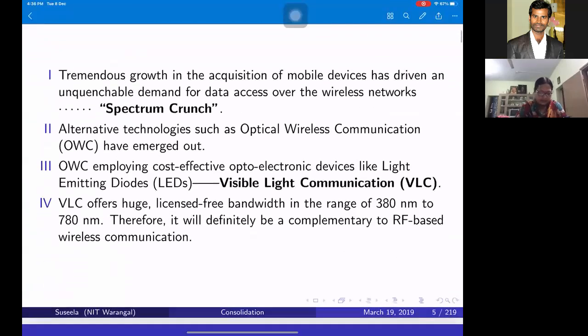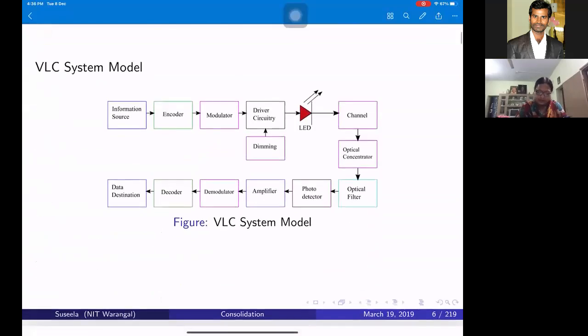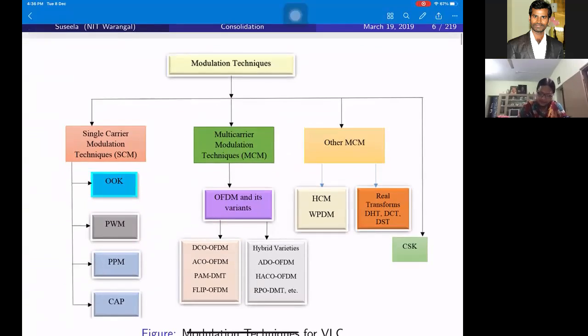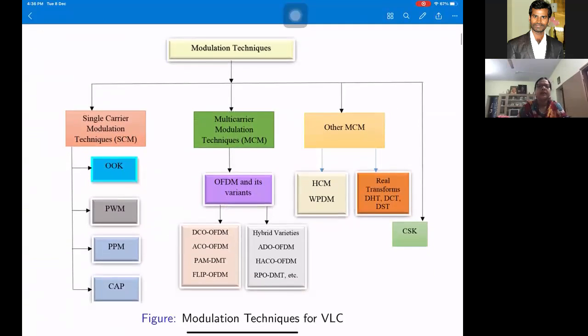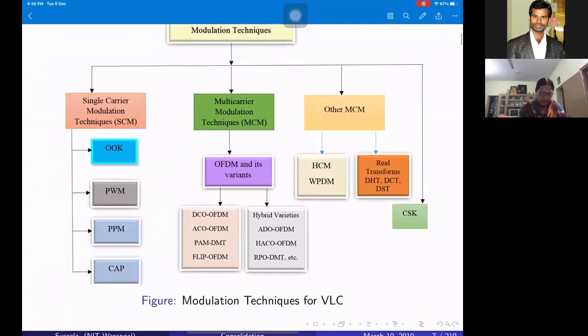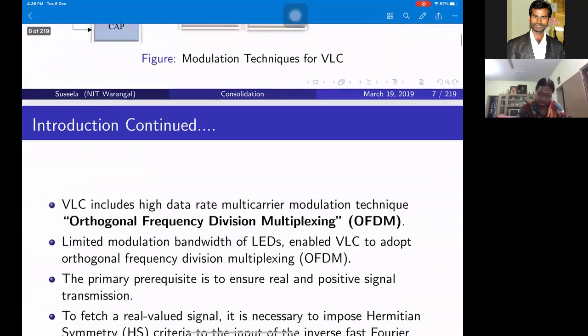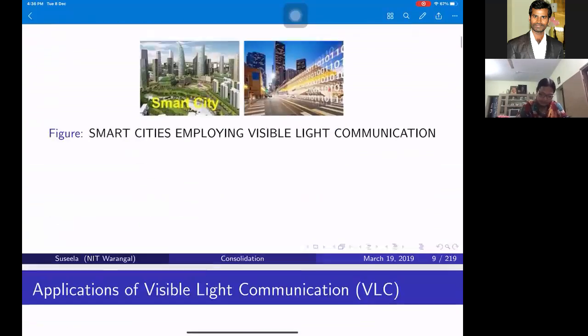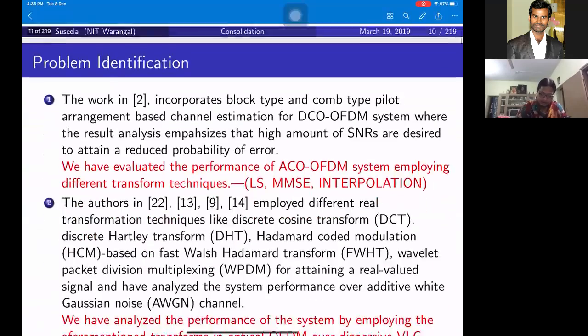And so we use the spectrum. So I'm going through these multi-modulation techniques she has acquired, and directly I'm going to the work.